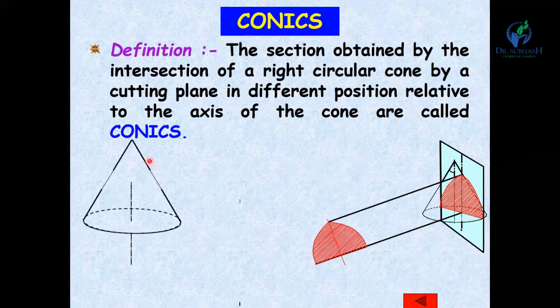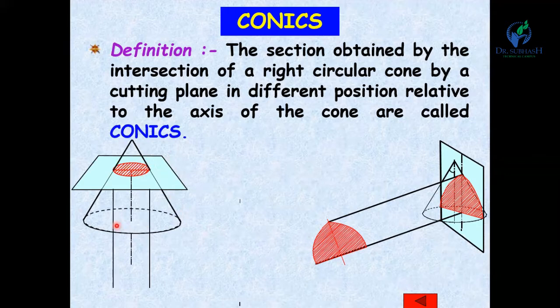Now let us see. This is the cone, and this cone is cut by a plane which is parallel to the base. After cutting this cone, you will get this shape. If this plane is parallel to its base, then you will get the circle.